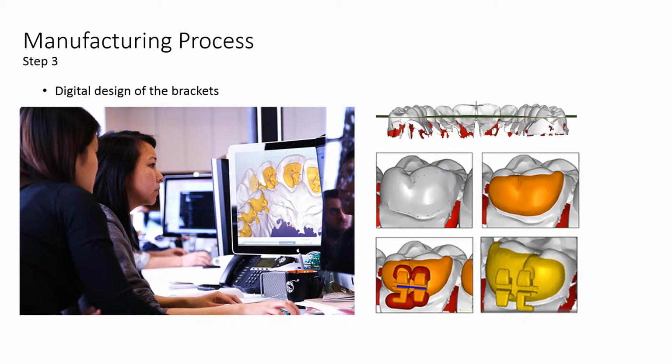They will be able to design the brackets according to your wishes. And this is where the true power comes in the Incognito system, because it's the only fully customized device out there on the lingual side.